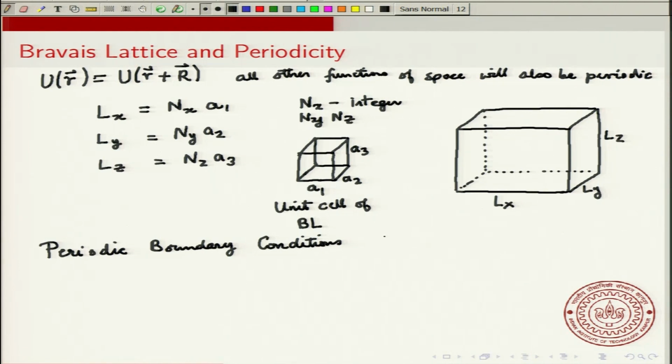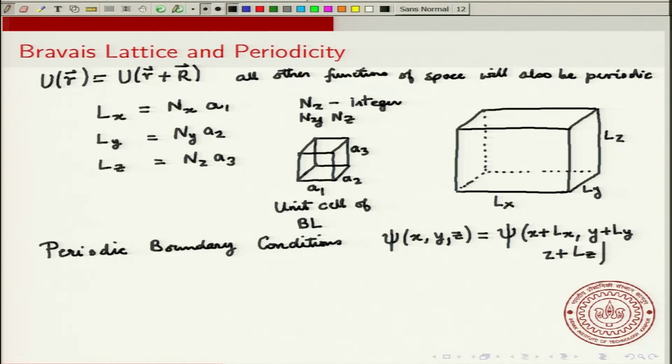That means any function, for example, the wave function psi of x, y, z is equal to psi of x plus Lx, y, z, or if you want you can take y plus Ly, or z plus Lz.